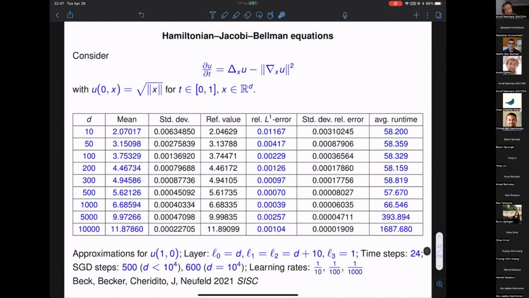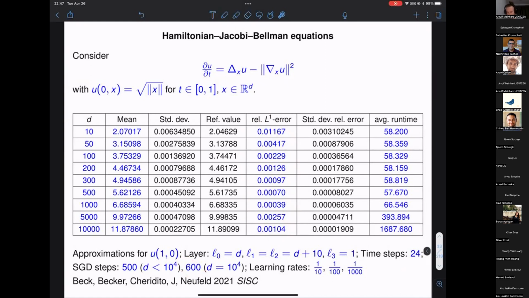Okay, when you ask me, do I suspect? I think there are certainly examples where it seems that the problem gets easier in high dimensions. For example, you can see here that the error somehow decreases, but you also have to take into account that we train a bit longer in higher dimensions.